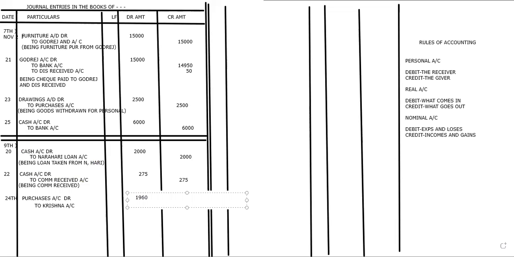So trade discounts are not supposed to be shown in our journal entries. But we cannot refuse a discount that is offered. Who would refuse a discount? So we take the discount but do not show it, we only show the net in the books. Being goods purchased and received, trade discount. Here I am showing the amount 2000 at the rate of 2%.